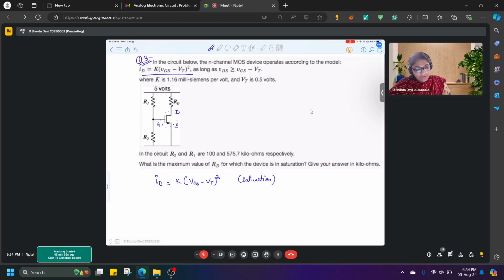Okay. Now you know that R1 is 100 kilo ohm and R2 is 575.7 kilo ohm. By looking at these resistors, this being a resistor divider circuit, we can see that the voltage will be much higher than VT, that is 0.5 volts, correct?